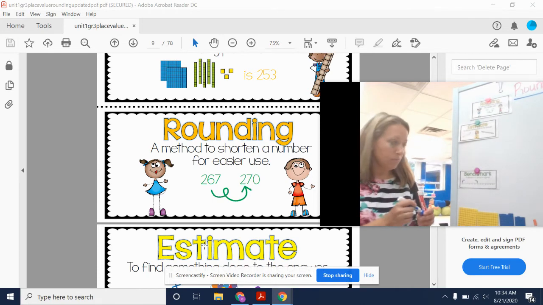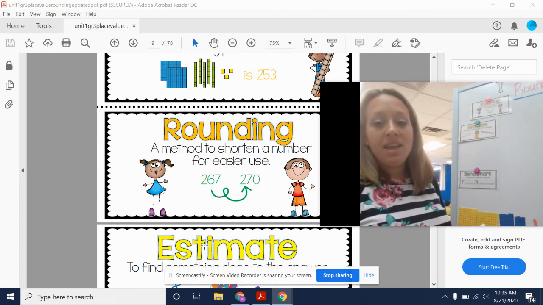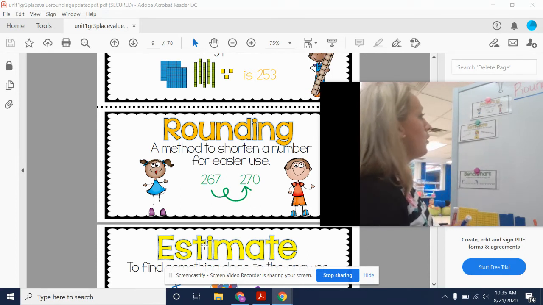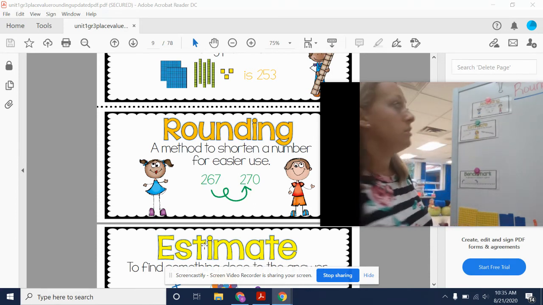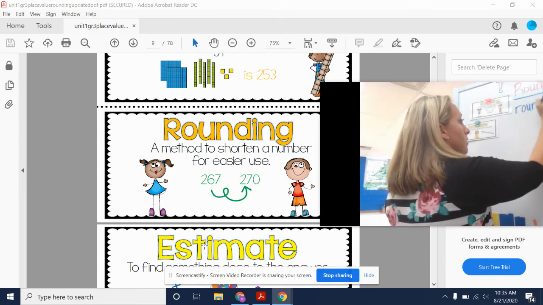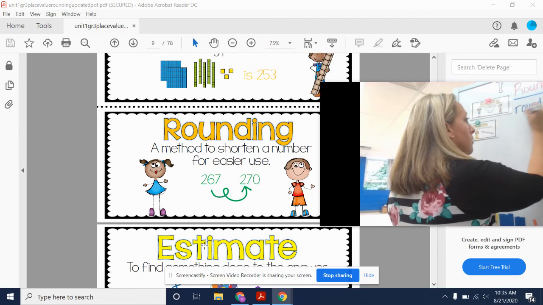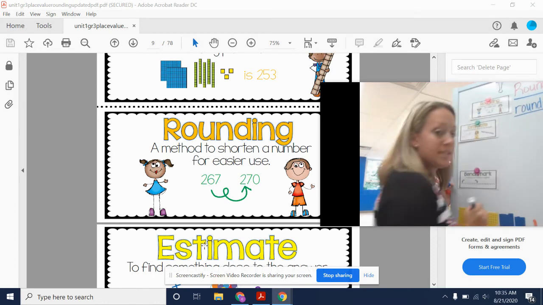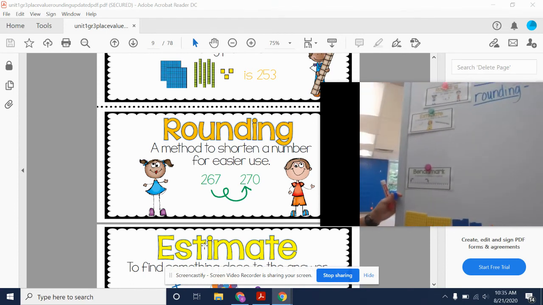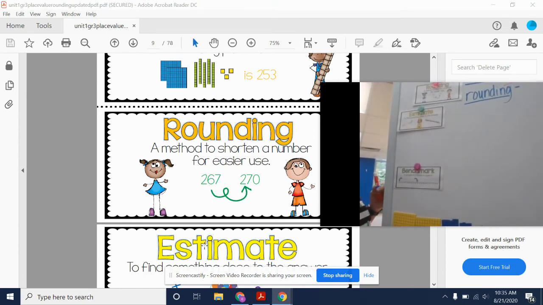Okay. Rounding is just a method to shorten a number for easier use. I want you to write that inside your notebook right now. So you're going to write down the word rounding, underline it, put a little dash. This is how we write definitions in our notes. And then you're just going to write this definition. You're going to write all of these words for me, okay? Go ahead and pause this video so that you can get that written down.